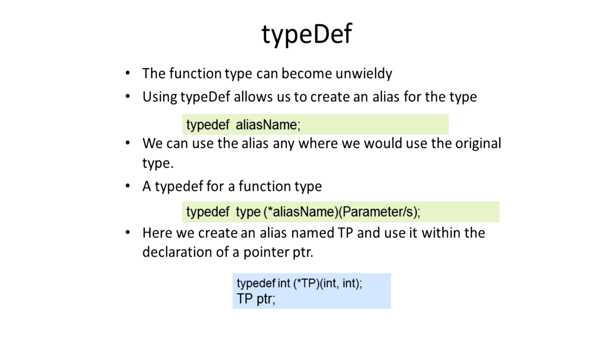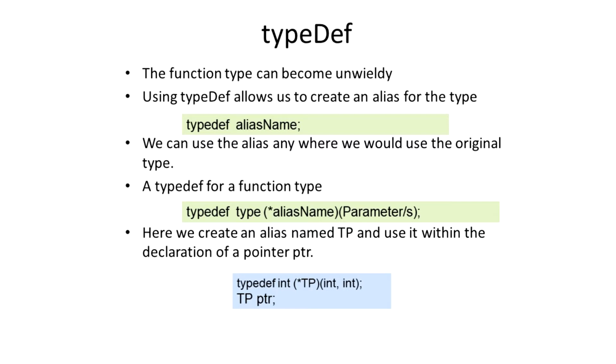So in the blue box there, we've defined that alias TP to be of those types, the return type and then passing the parameters. So therefore, if we want to declare another function pointer to point towards a function of that signature, we can then refer to our alias, in this case TP, rather than having to write it all out again.